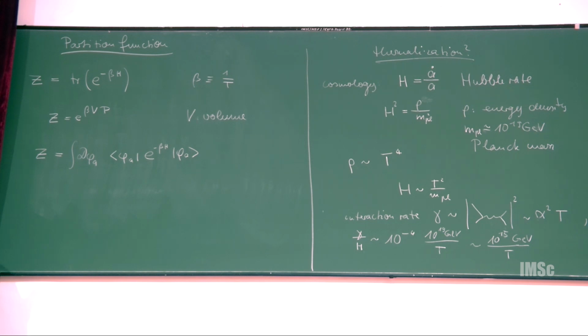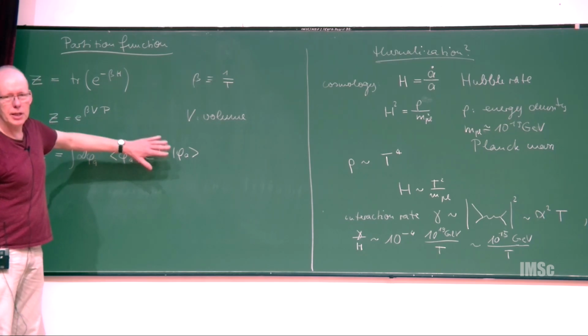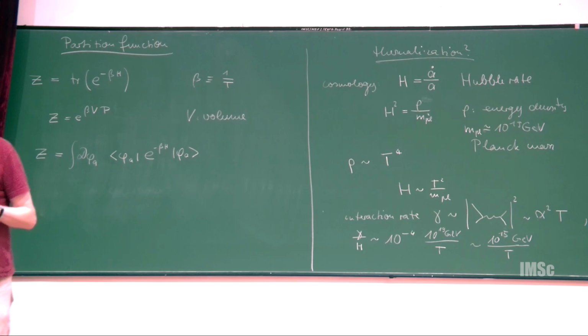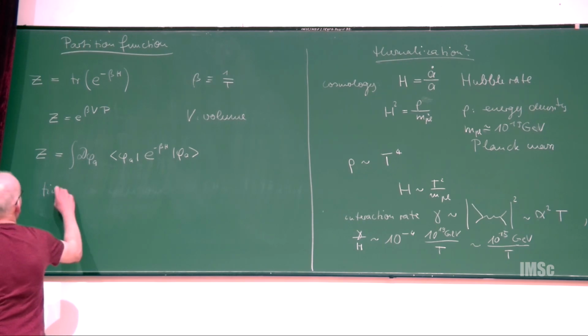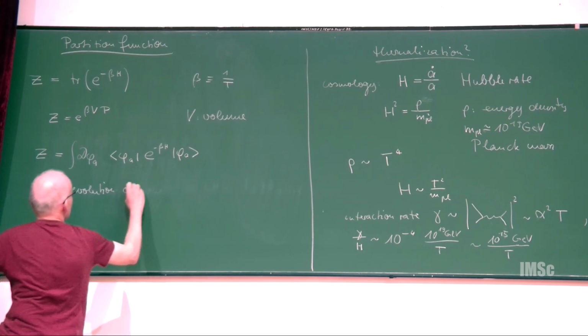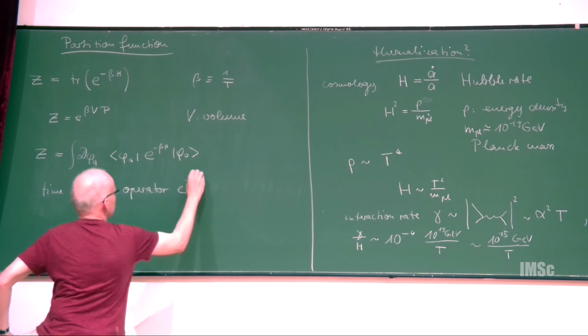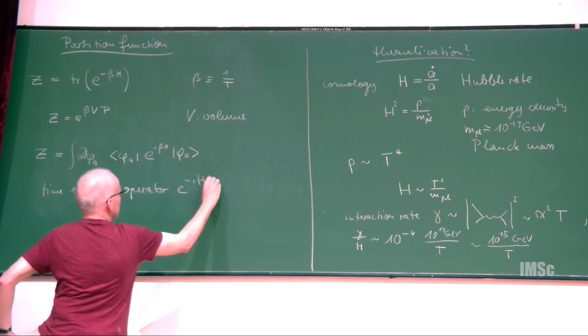Now the key observation is that if you look at this object, you have e to the some number times the Hamiltonian, and this looks a bit like a time evolution operator, because the time evolution operator is e to the minus i H times the time t.